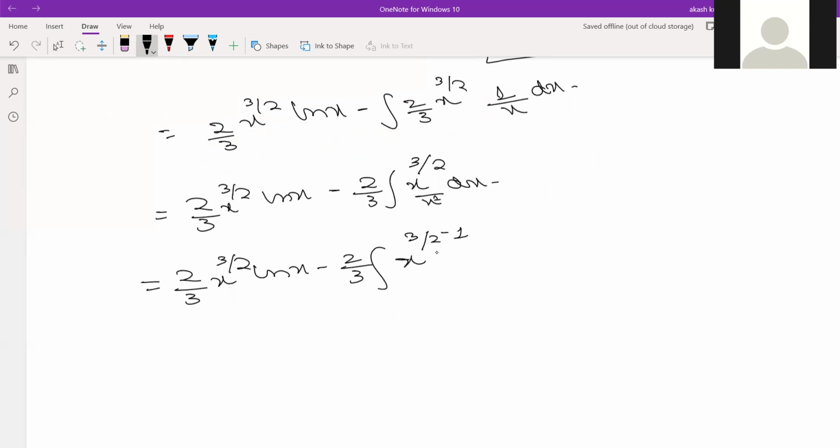So it becomes 2 by 3 x to the 3 by 2 ln x minus 2 by 3 integral of x to the power 3 by 2 minus 1, which becomes half, dx. Is it clear?